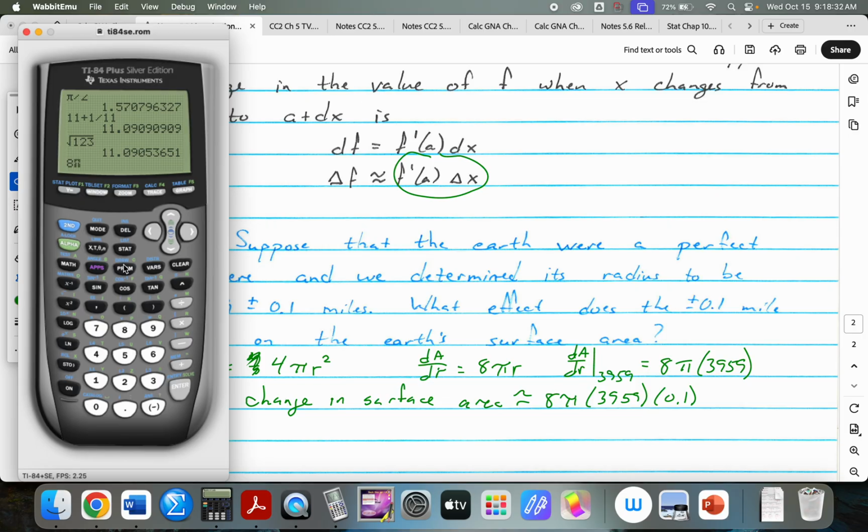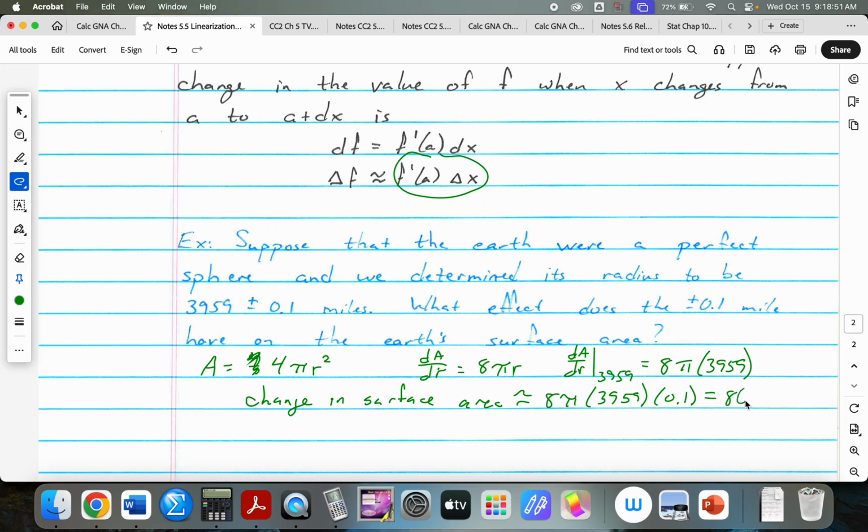So that's 8,609.3 or so. And that would be square miles.